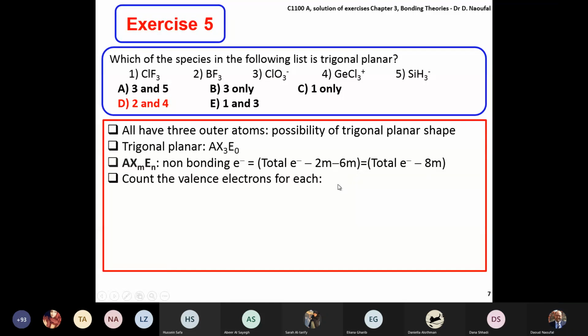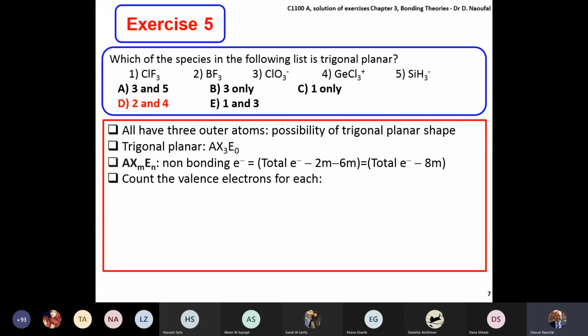This is a simple rule to find the non-bonding electrons directly, and in my opinion, this rule is not found in the books.